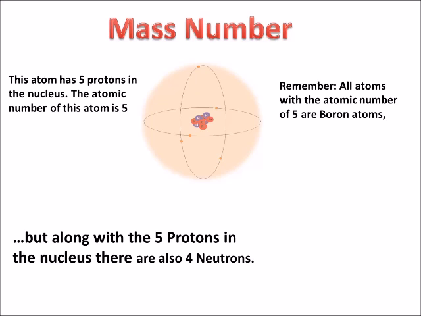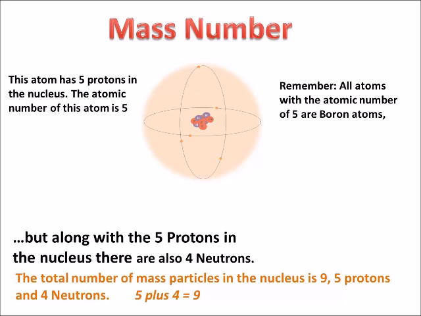But along with the 5 protons in the nucleus, there are also 4 neutrons. The total number of mass particles in the nucleus is 9. That's 5 protons and 4 neutrons. 5 plus 4 equals 9.